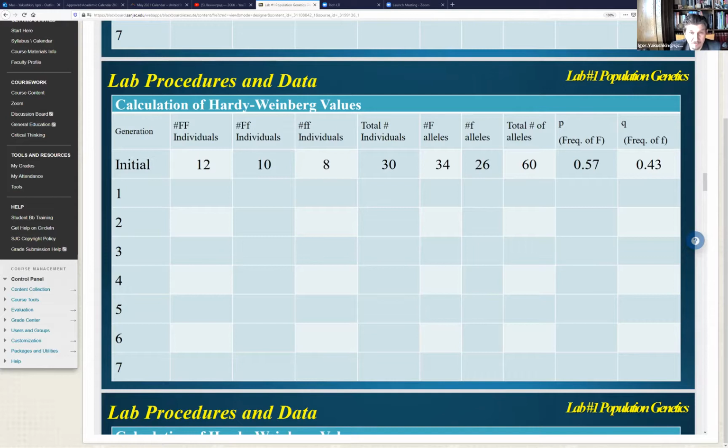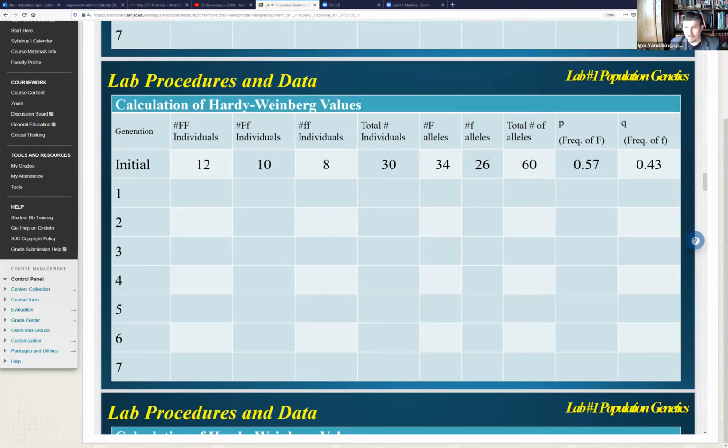Everybody see where the numbers came from? Make sure to stop me, because otherwise I will continue to keep those numbers and we will be changing something later on. As long as you understand where the 34 and 26 come from, everything else is very, very easy.